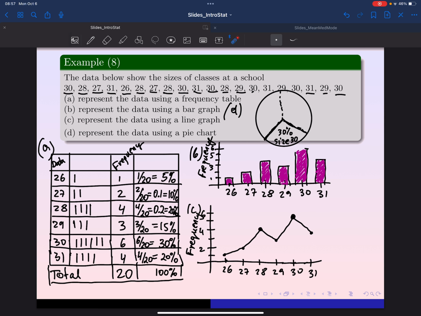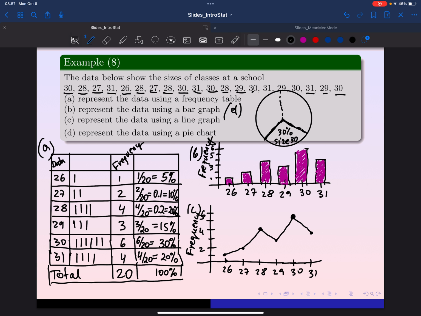Now we're looking for the second largest, which is either this 31, 20%, or class size 28, 20%. So now we know that 30 and 20 is 50%. If the whole circle represents 100, 50% would be exactly half of that circle.